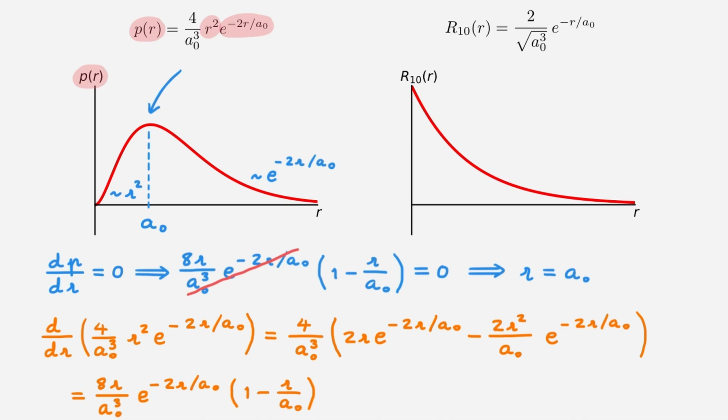We now see that the reduced Bohr radius actually has a very important physical meaning. It describes the typical size of the hydrogen atom, which is given by the most likely distance between the electron and the proton.